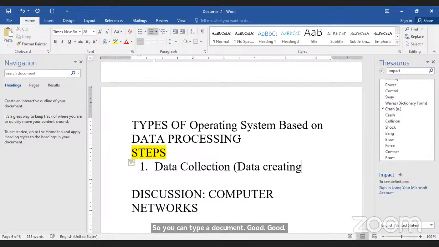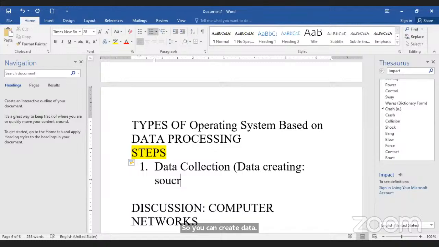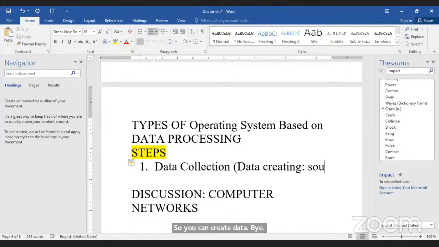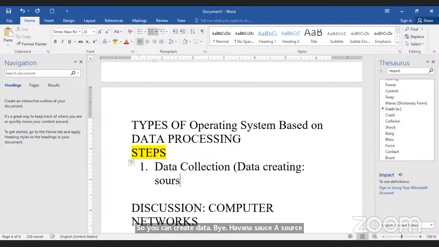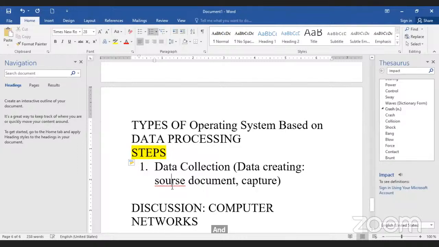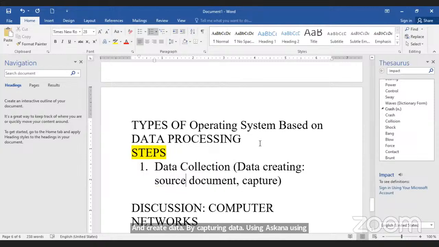You can create data by having a source document, or you can create data by capturing it using a scanner, a microphone, or a camera. You can create data by those types. So first of all, we collect data.